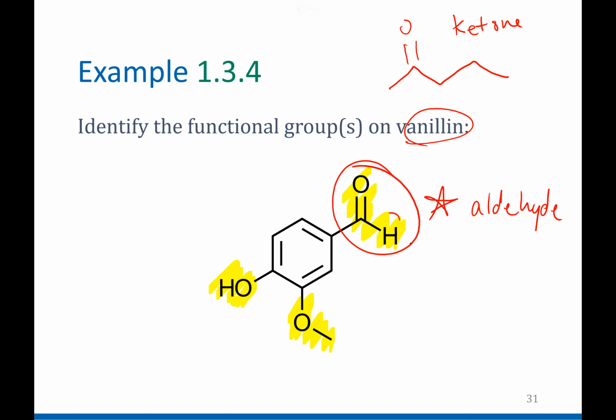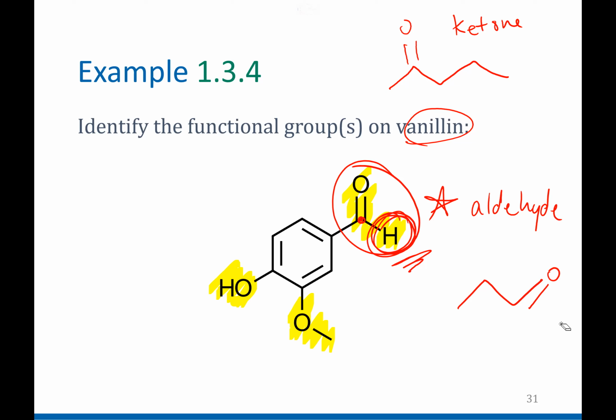And it might be because of the way the chemical's drawn, but the reason I put this H here is because this is what we would call, in chemistry, a terminal carbon. It's the last carbon. So whenever you see a double bond O at the end of a chain, it's an aldehyde.